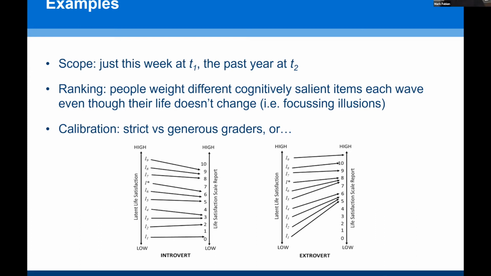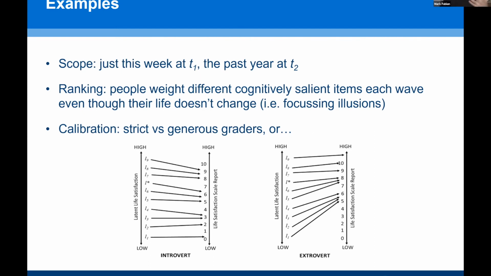Similarly, I think it's interesting to think about whether this well-established empirical regularity that extroverts report higher levels of life satisfaction than introverts is a function of them feeling better about their lives, which is quite possible, or whether it's just that they have this kind of positive disposition that causes them to map that life satisfaction in a more positive way into their scale responses.